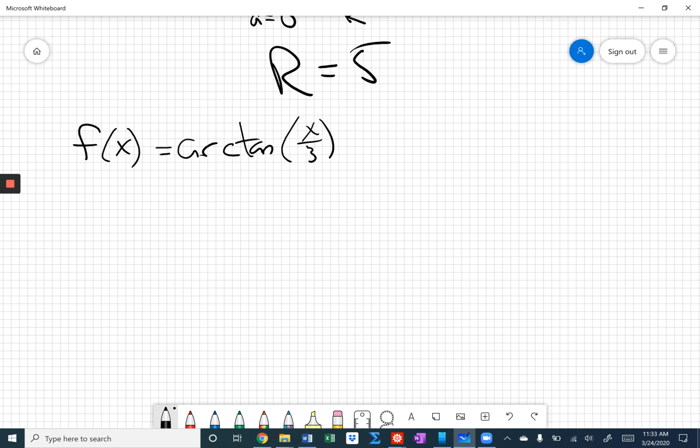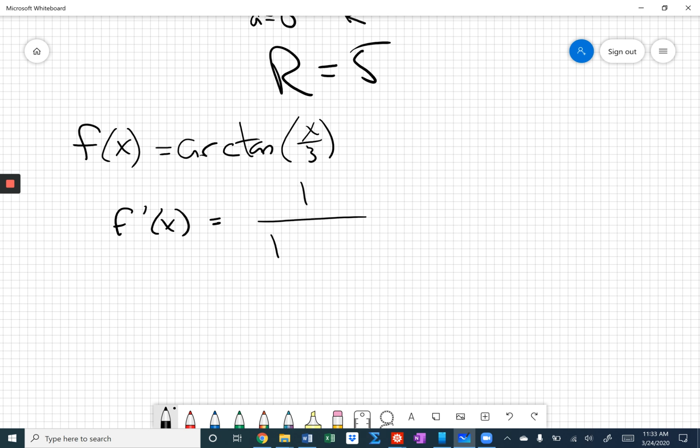All right, so now we need to find a power series representation for arctangent of x over 3. Again, this might seem a little confusing at first, but we're using derivatives and integrals to generate these relationships. So let's find a derivative of this and see what happens.